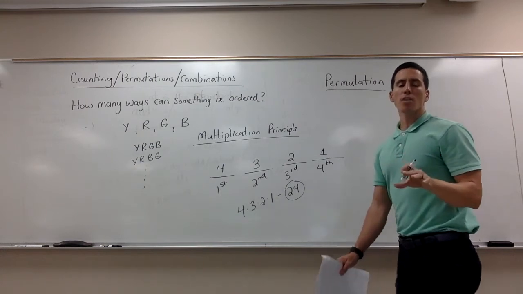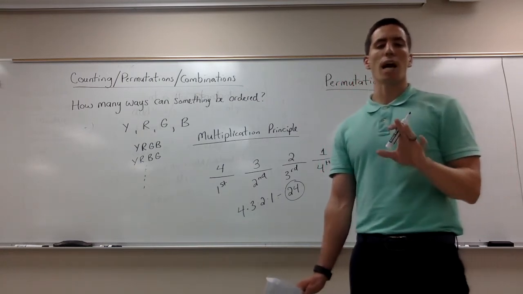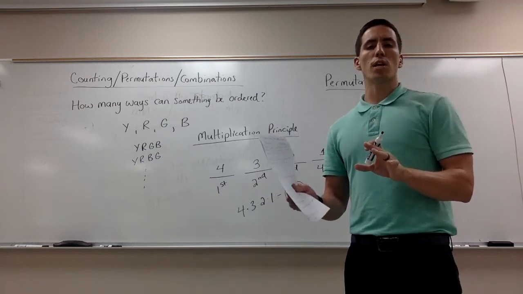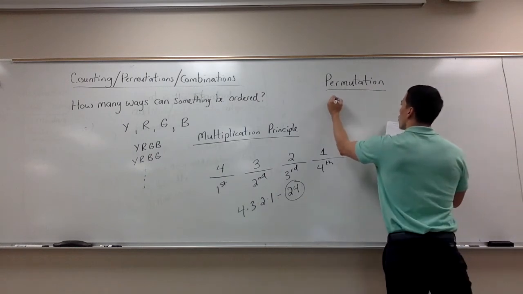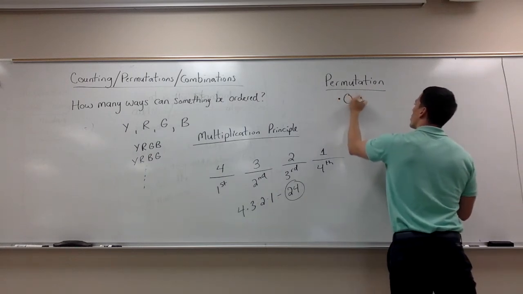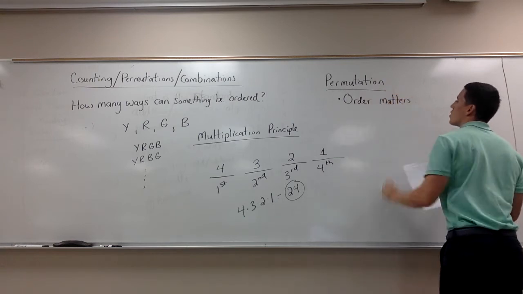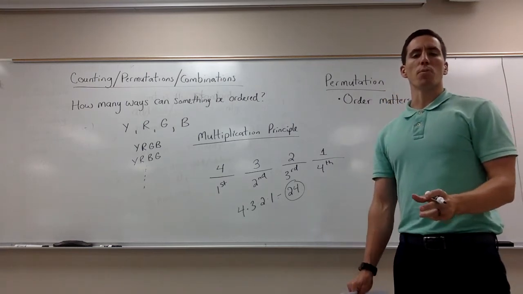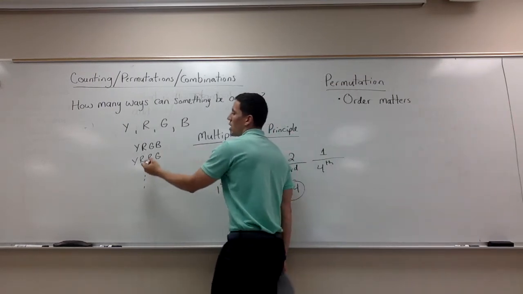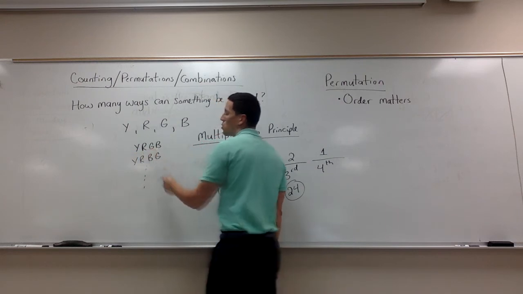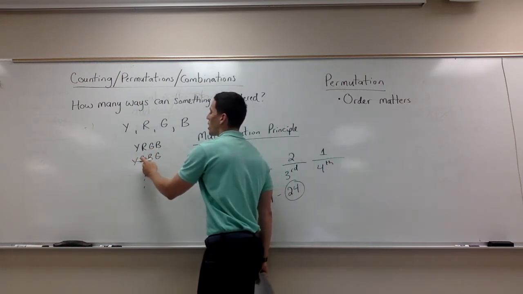Permutation is in contrast to another similar but slightly different topic called combinations. The way we differentiate between the two is you know you're dealing with a permutation when the order matters. When the order that you arrange something matters. Let me give you an example. Going back over here to our colored tiles, yellow, red, green, blue is going to look different than yellow, red, blue, green.